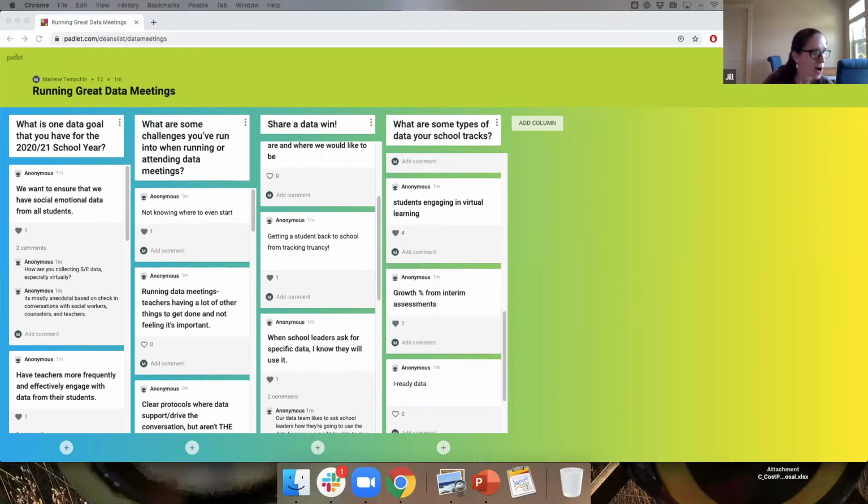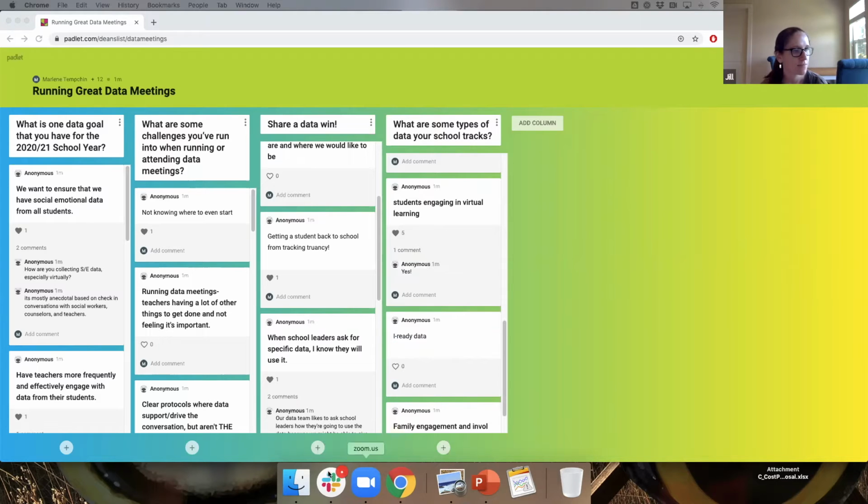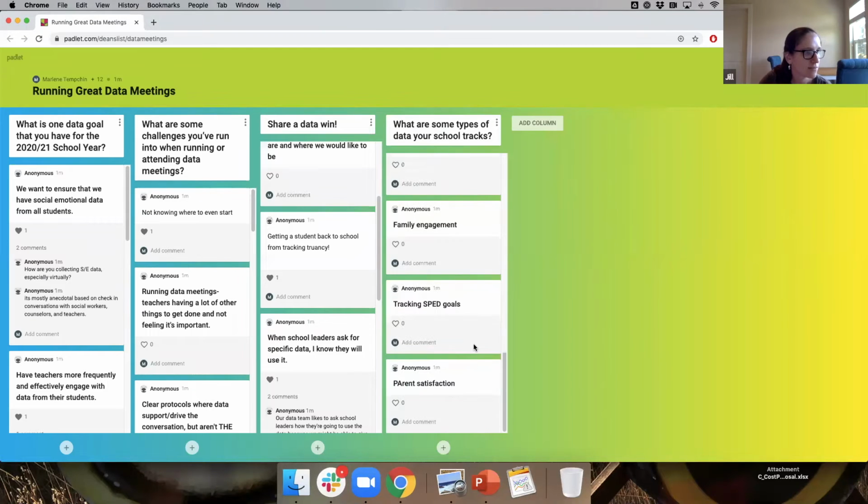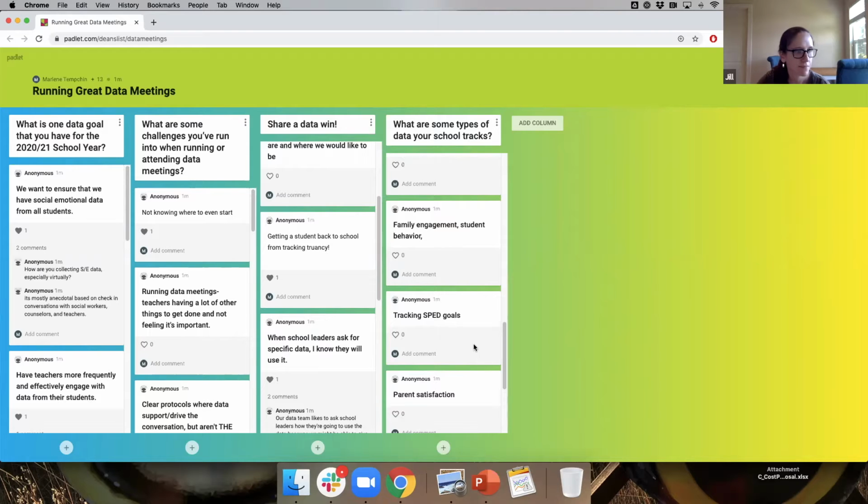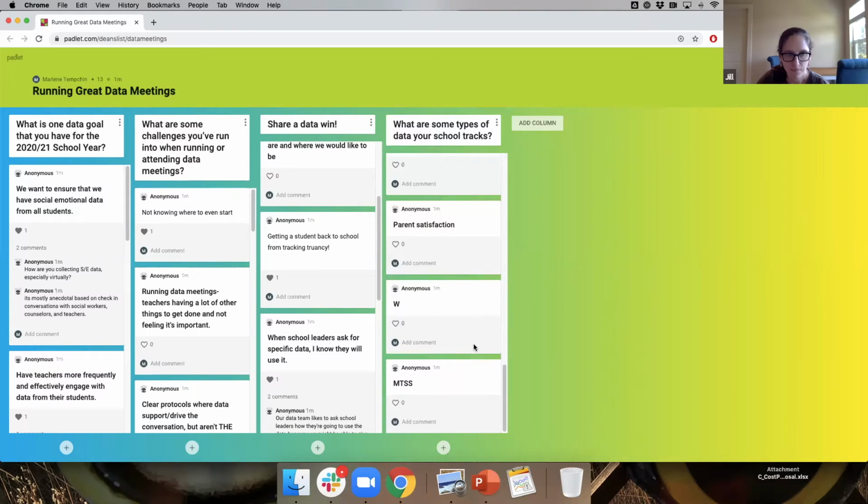Awesome. We'll take about 1 more minute to continue generating these areas. Parent satisfaction. It's a really interesting one. Awesome. If you still have more, feel free to continue adding.